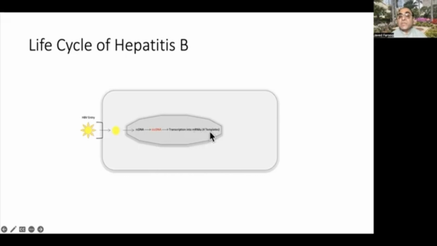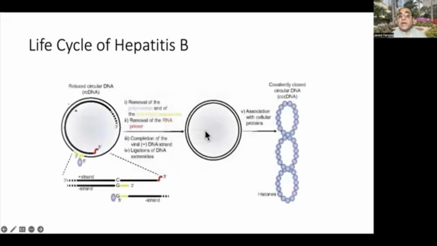RNAs. Four templates are formed within the nucleus, and this is how the relaxed circular DNA, rcDNA, is converted into covalently closed circular DNA, or cccDNA. There are five steps involved in it. First is the removal of the polymerase and of the repeated sequences. Second is the removal of the RNA primer. Third is the completion of the viral positive DNA strand.